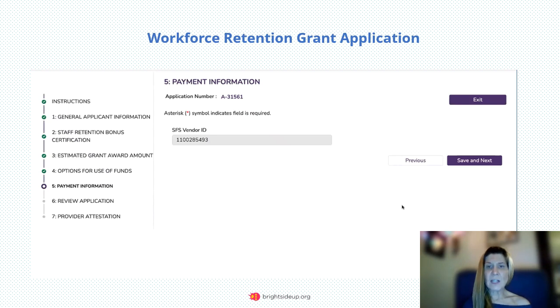This is information, again, that cannot be changed. I've looked at my SFS vendor account number, verified that it is the correct number because mistakes can be made. Please make sure that this is the correct SFS vendor ID number for you. As long as this information is accurate, click Save and Next to proceed through the application.